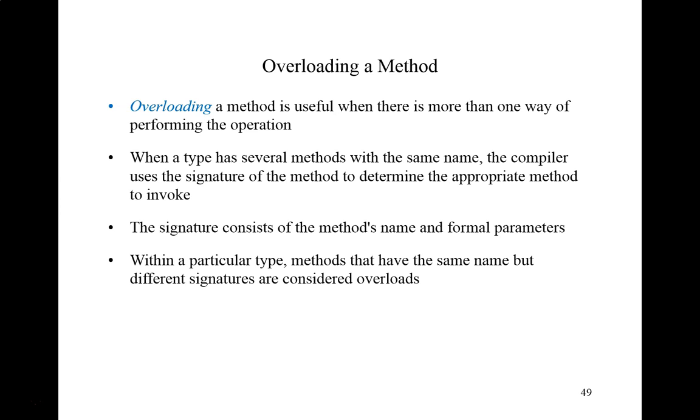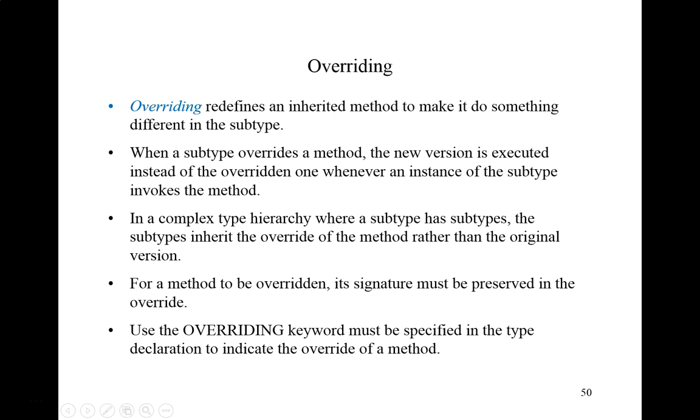So within a particular type, methods that have the same name but have different signatures in the sense of having a different arrangement of parameters or parameters of different type are considered to be overloads. In contrast, there's a concept called overriding.